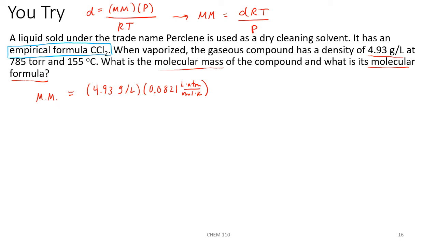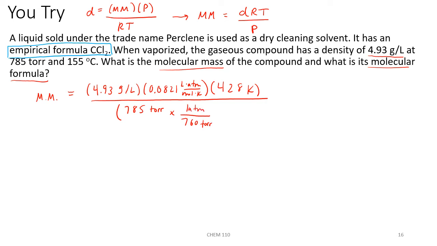Our temperature is 155 degrees Celsius, which if we convert that to Kelvin will be 428 Kelvin, divided by our pressure. Our pressure is 785 torr, and we have to divide that by 760 torr to convert to atmospheres.